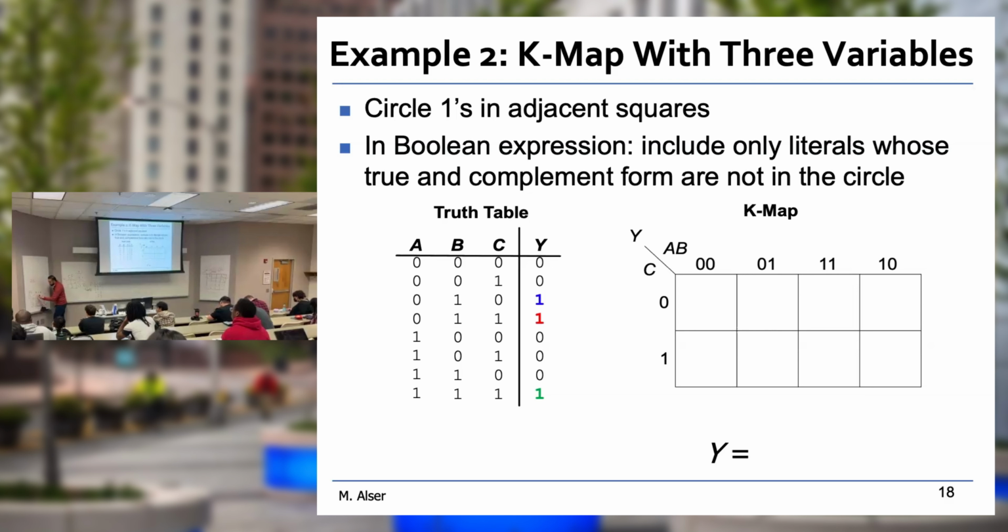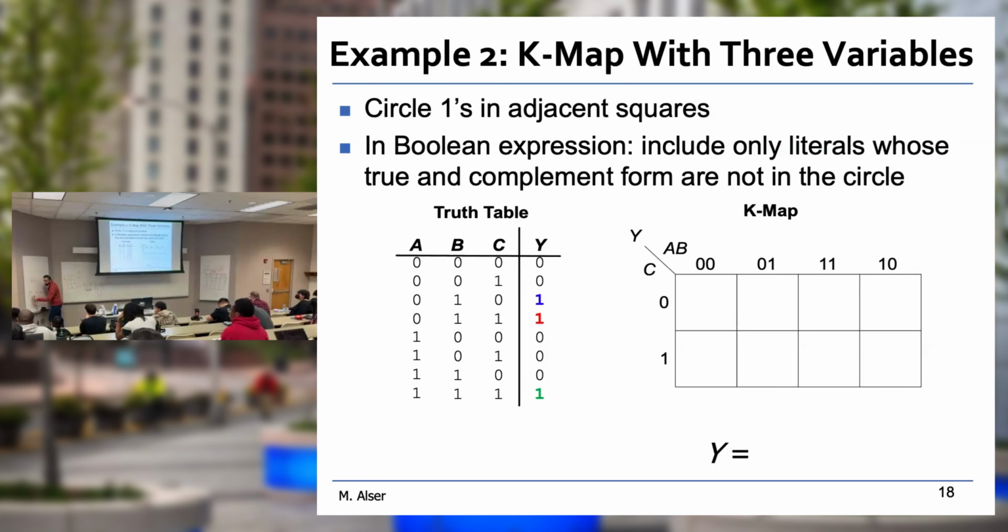If it is a horizontal group, then we check multiple of those. But this is vertical, so it's represented only by this side. Now, this one A, this one B. This one 0, so we need to add a bar. That's why we have A bar. This one is 1. No need to add a bar, just B. Now, we are not done. We finish this side only. We go again vertically.